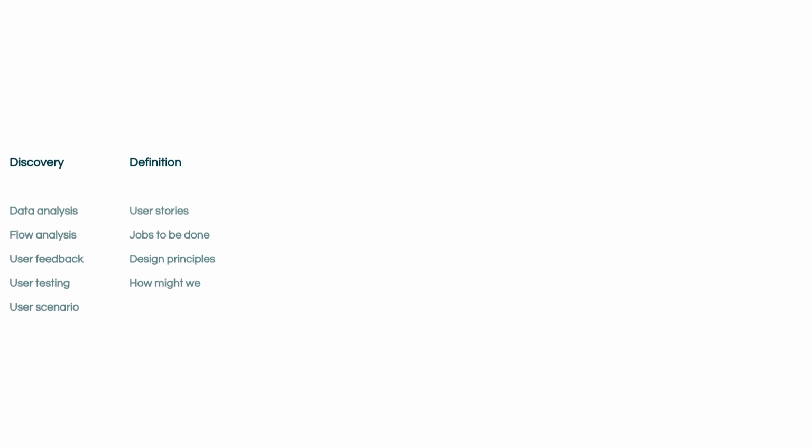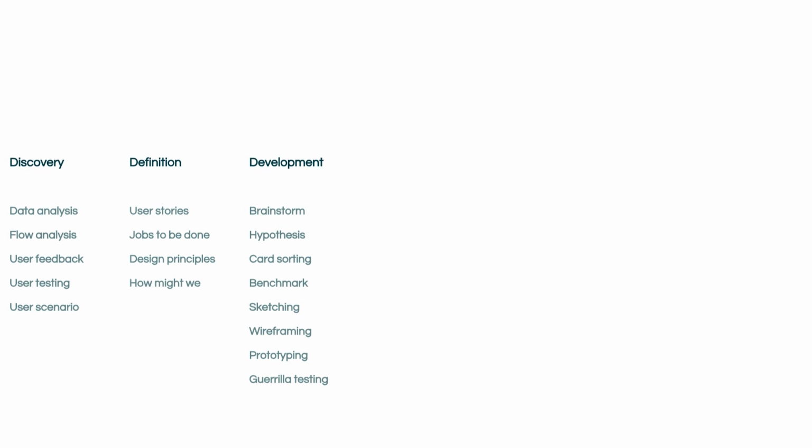So we have stuff like user stories, jobs to be done, design principles, a lot of steps like that. Then we enter the development phase in which we have big brainstorms, we create hypotheses, we do a lot of benchmarking, sketching, wireframing, and we take our ideas, go out and test them.